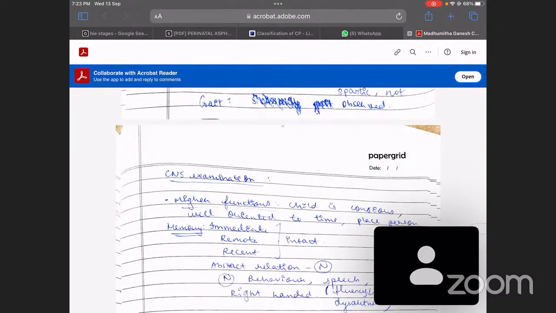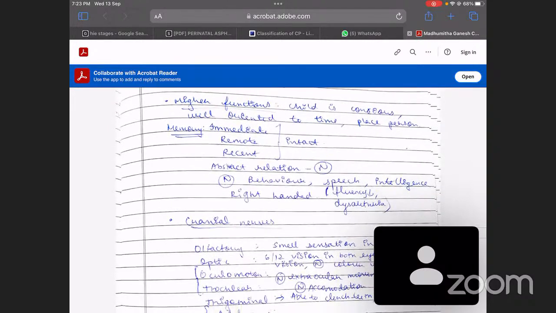In ataxic CP, because of cerebral lesion, you see an ataxic gait, and also a high stepping gait. So these are the gait abnormalities seen in CP, right? Okay, CNS examination.